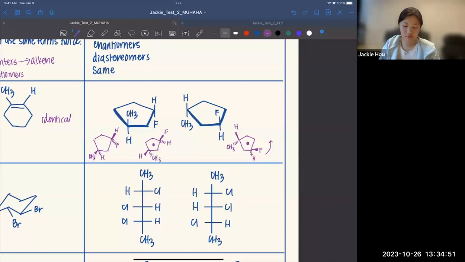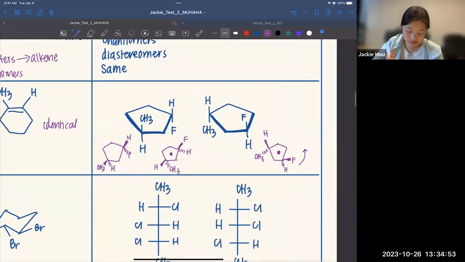Something like this. Now it's pretty easy to compare. I can see that this fluorine is up, this fluorine is down, and the hydrogens follow opposite stereochemistry as well. And this methyl group is up and this methyl group is down.